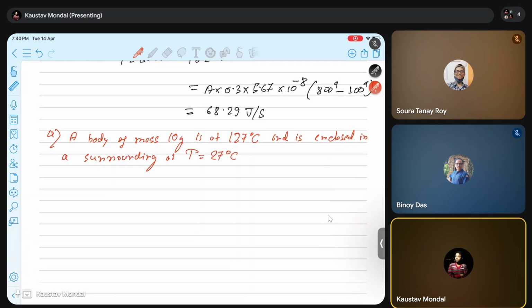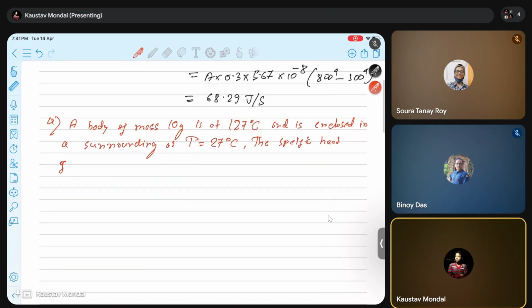The specific heat of the body is 420 joule per kg per Kelvin, and its surface area is 10 centimeters square. Calculate the rate of cooling.